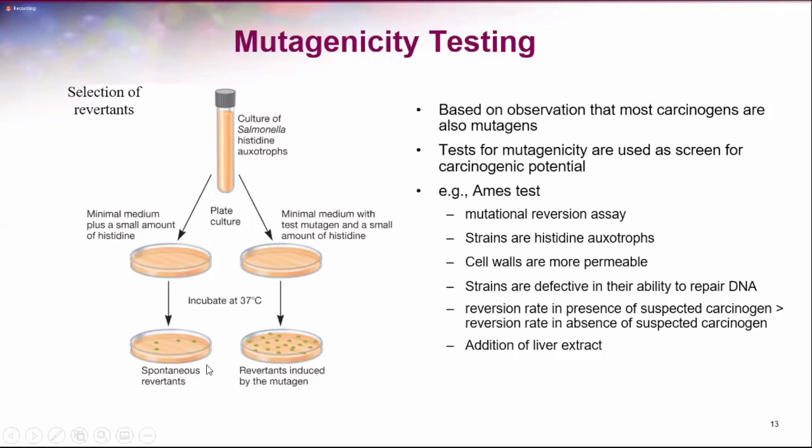So initially cells grew using that histidine, and once the histidine was gone, anybody who didn't have the ability to synthesize their own histidine died out, and anybody that possessed the ability to synthesize their own histidine survived. And so this is a selection for the prototrophic forms of this particular strain, okay? Questions on any of this before we move on?